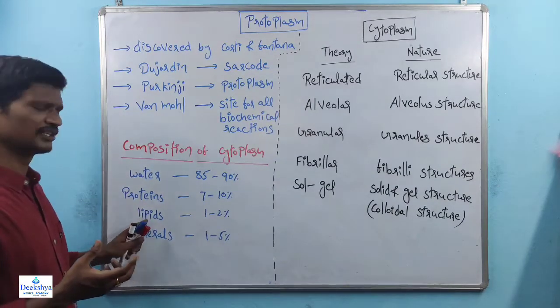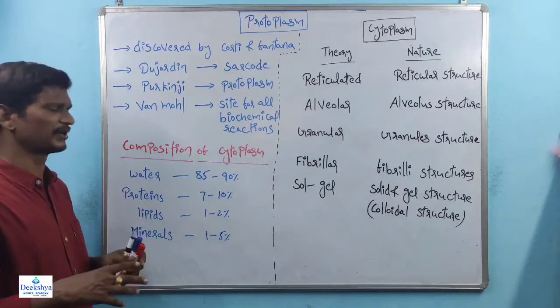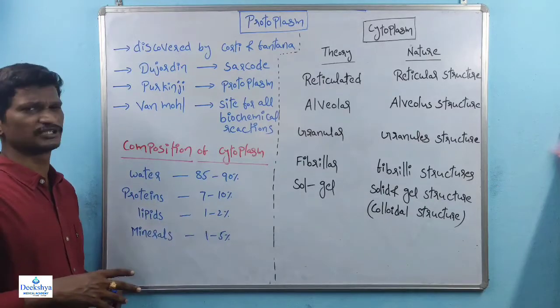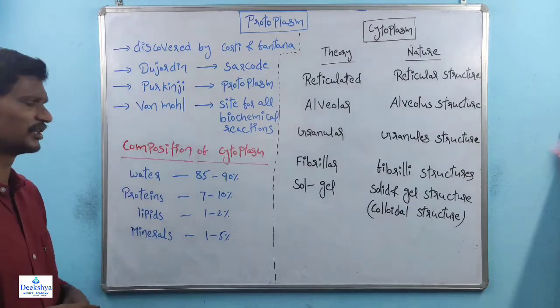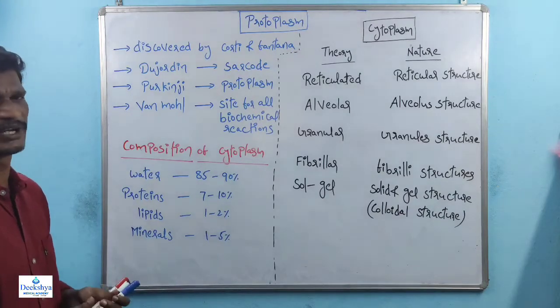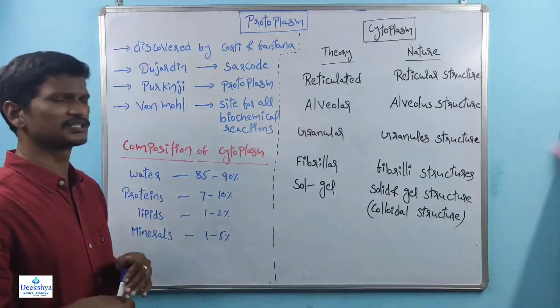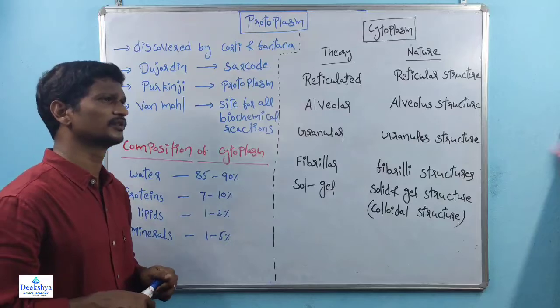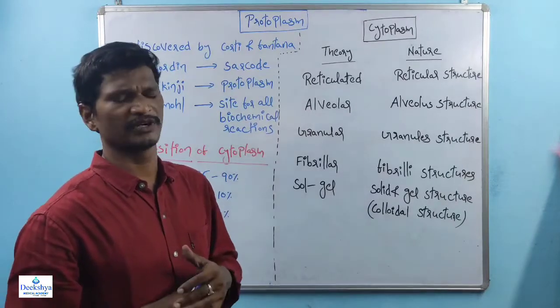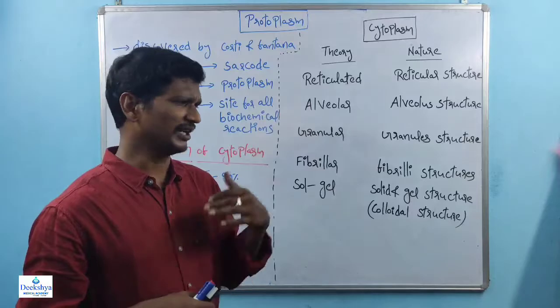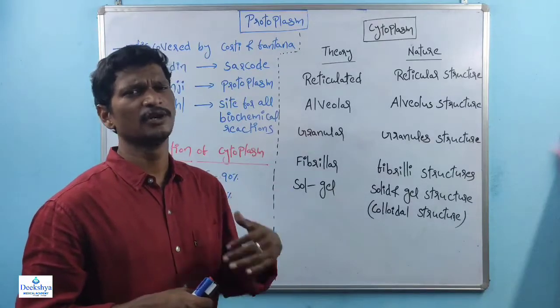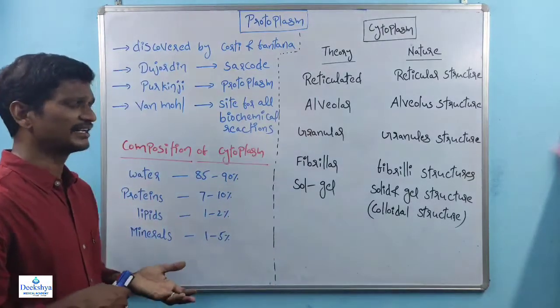Right? And lipids are also there, which are involved in the formation of membranous structures, 1 to 2 percent. Minerals are also there, 1 to 5 percent. These minerals are very important. Most enzymes, not every enzyme, require some minerals for their activation.